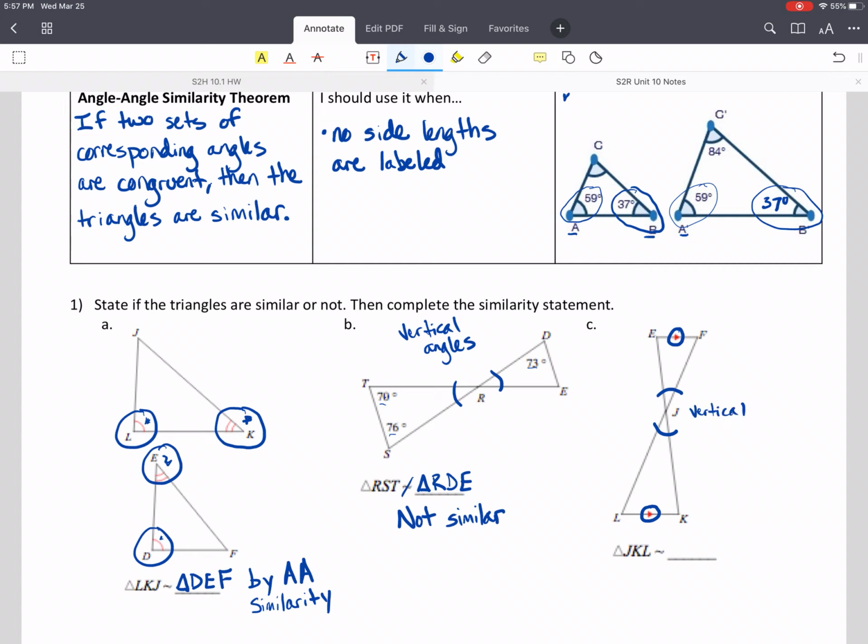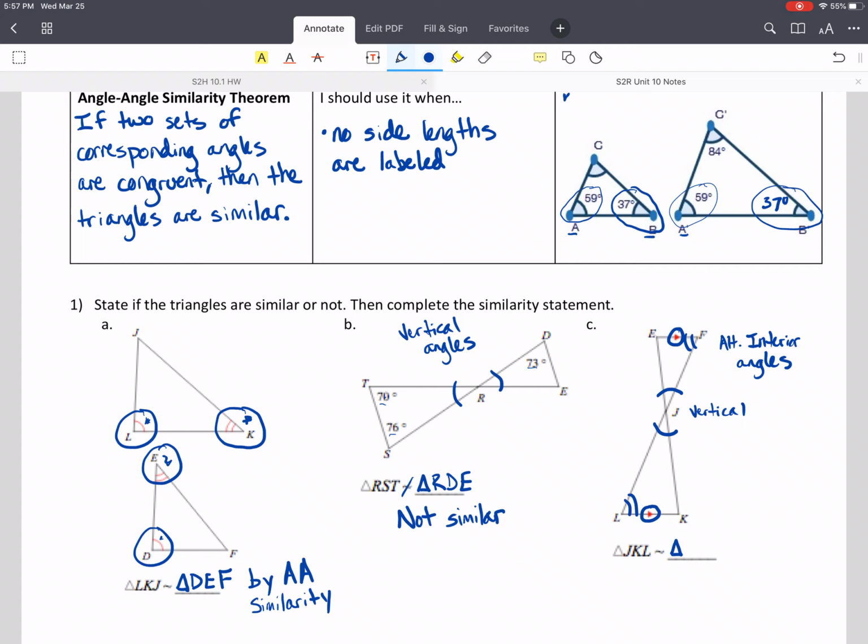And because these lines are parallel, I can actually use a relationship called alternate interior angles. That's a throwback to 9th grade, friends. I know alternate interior angles are congruent. So because I have two sets of corresponding angles, we're just going to match them up.